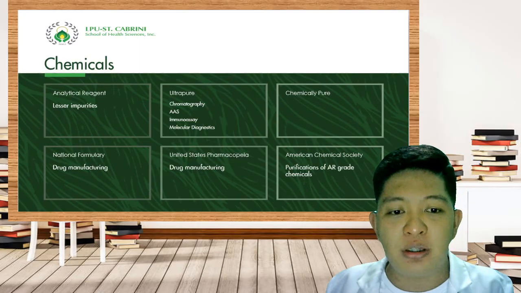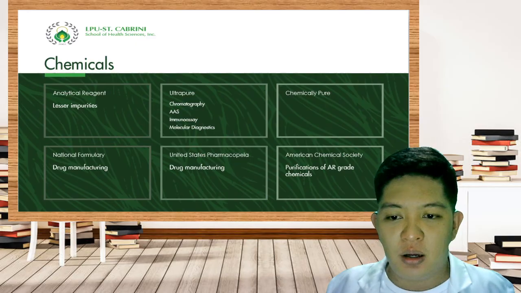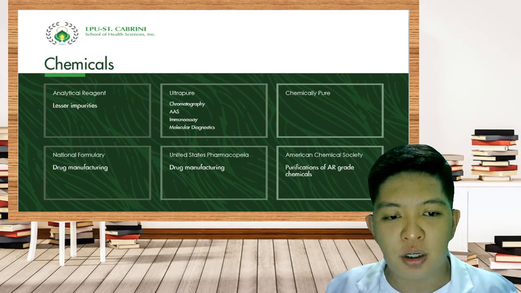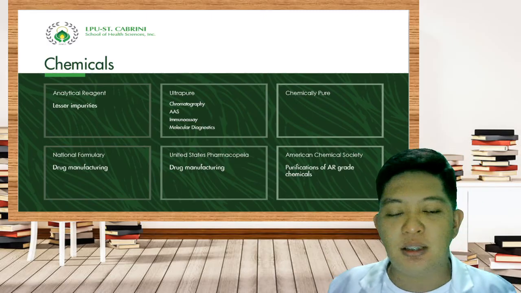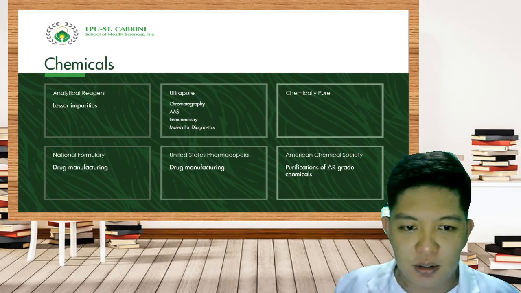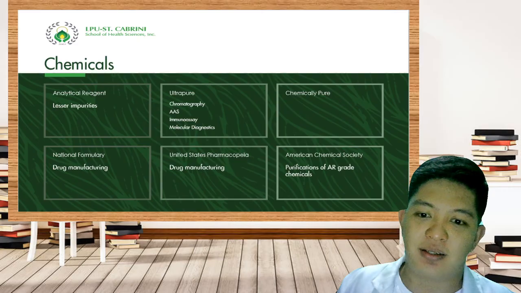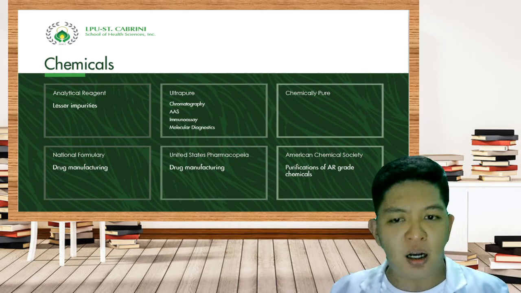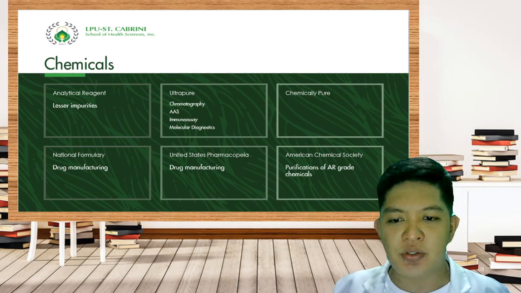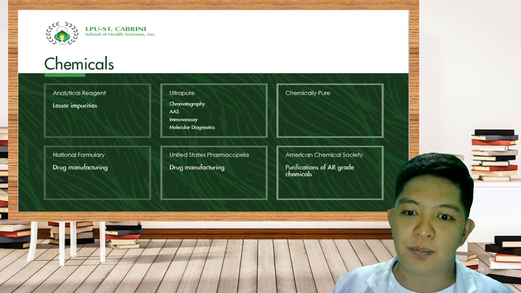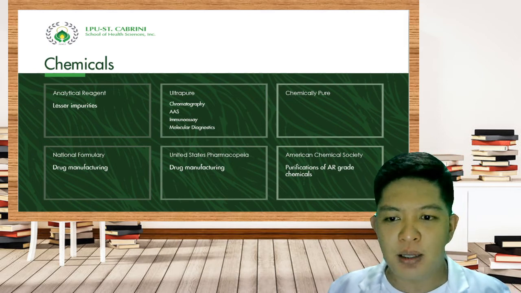It can also be ultra pure. Okay? When we say ultra pure, it can be used for chromatography, atomic absorption spectrophotometry, immunoassays, and molecular diagnostics. Remember also when we say ultra pure, these are reagents that underwent additional processing that makes them suitable for special procedures.